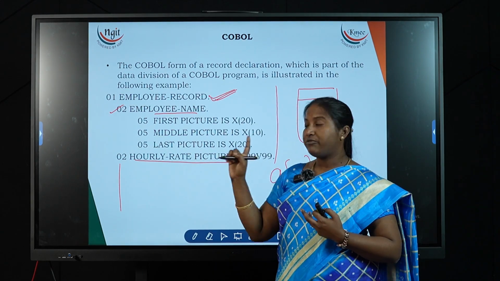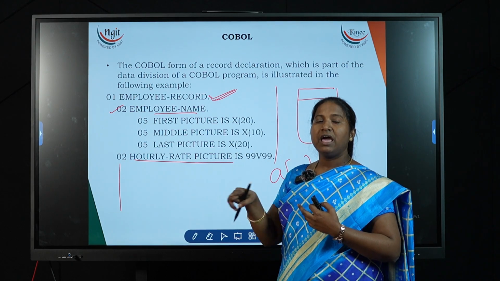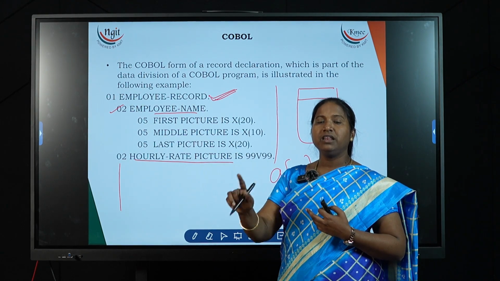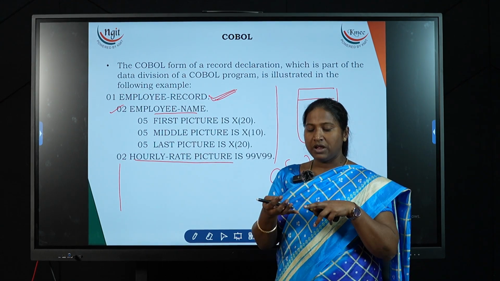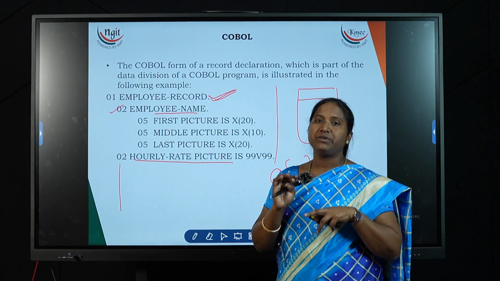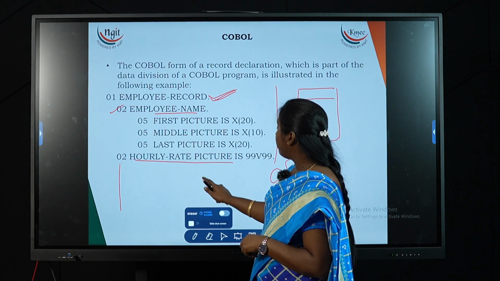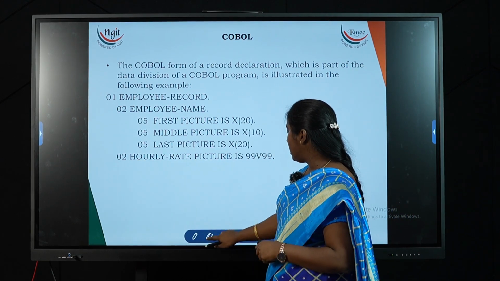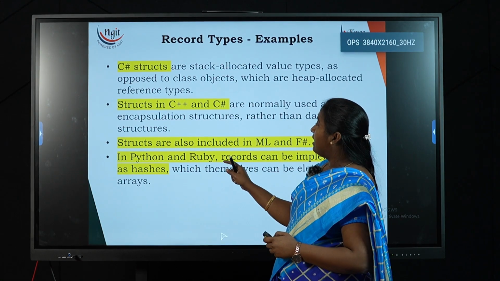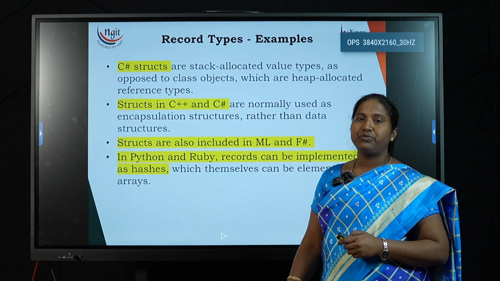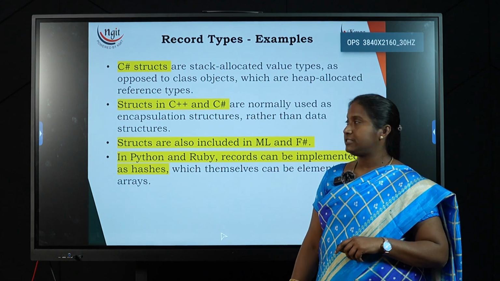From this point you have to understand, every record will contain a number of fields. Each field again consists of type, name, address. And this is about the way of COBOL records. Now let's see how other programming languages support records.